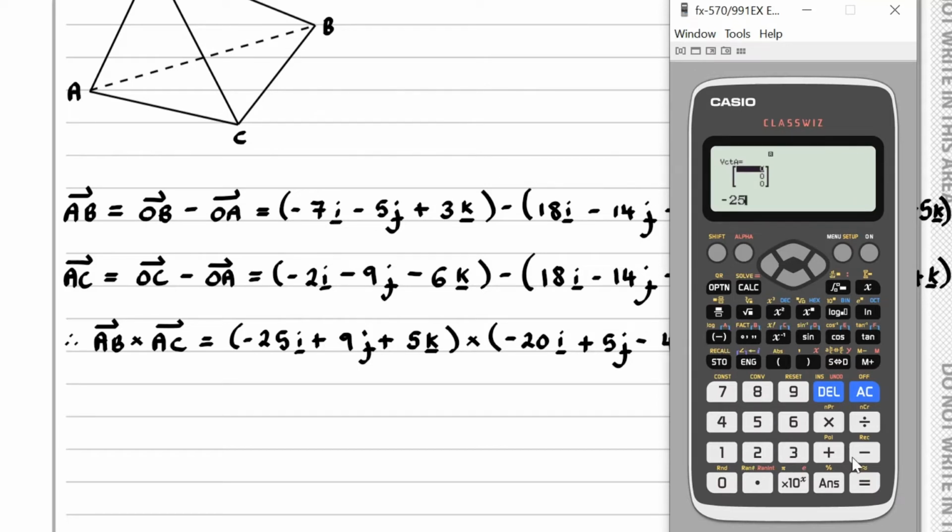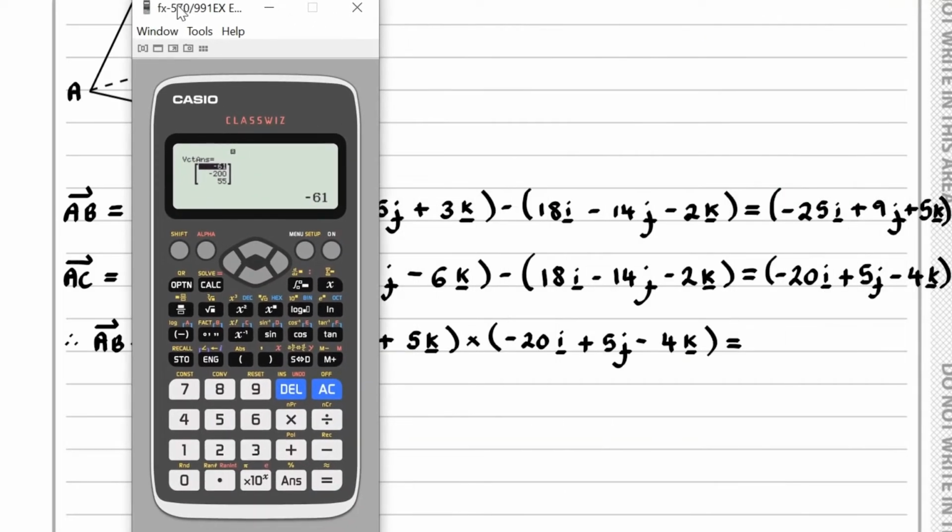We have minus 25, 9 and 5. Define the next vector, minus 20, 5 and minus 4, and then we can multiply those vectors together, and if we do that we end up with minus 61i minus 200j plus 55k.